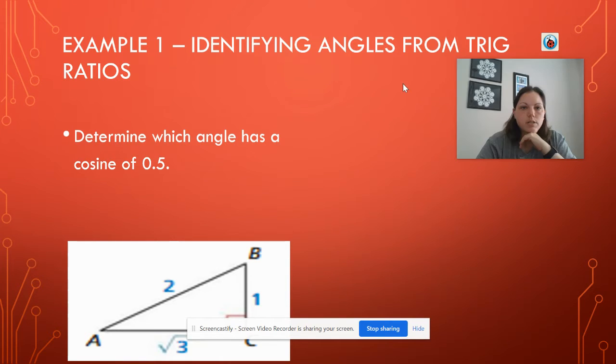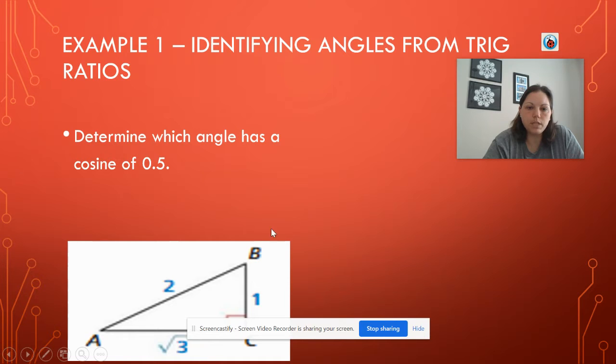All right, so first, let's determine which angle has a cosine of 0.5 or 1/2. It can't be angle C because angle C is our right angle, so we'll look at either A or B, our acute angles. If we look at angle A, cosine is the adjacent over hypotenuse, and that would be square root of 3 over 2.